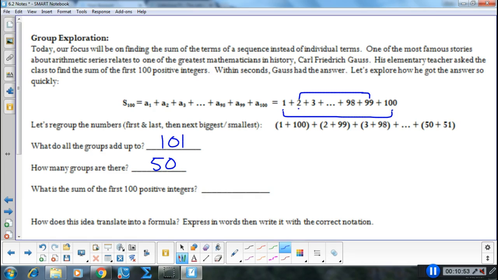So if I've got 50 groups, all adding to be 101, all I've got to do then is take 50 times 101, which is 5,050.